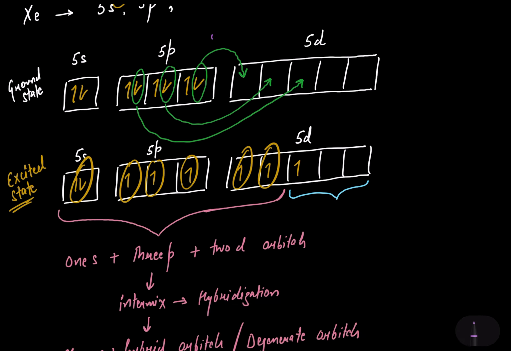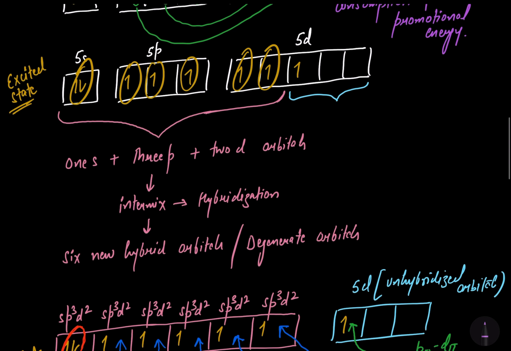So this process where electrons are exciting from 5p to 5d is an endothermic process, and the name of that process is the promotional energy. So here is the consumption of promotional energy.